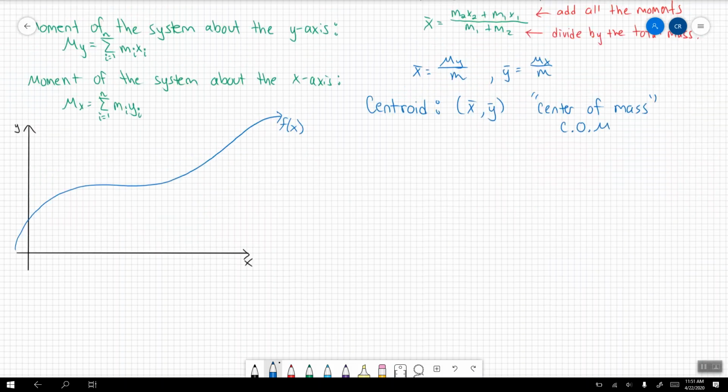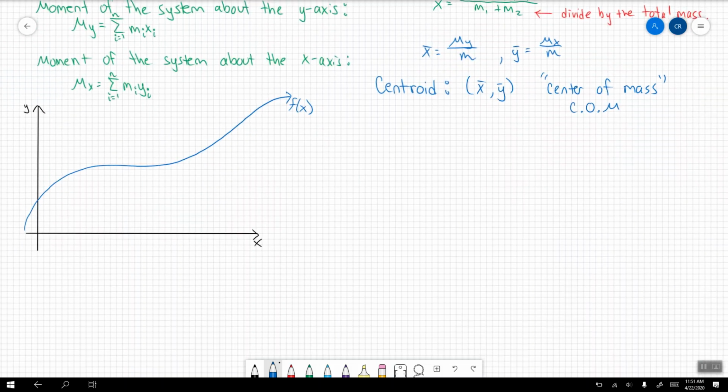All right, so let's talk about the centroid, or the center of mass, for this piece of lamina, or this object that we're going to be looking at. I'm going to have some sort of function defined on the x and y axes, and we're going to further define an interval, call it the interval from A to B. Because I'm defining this interval, I can find the total area underneath this specific curve.